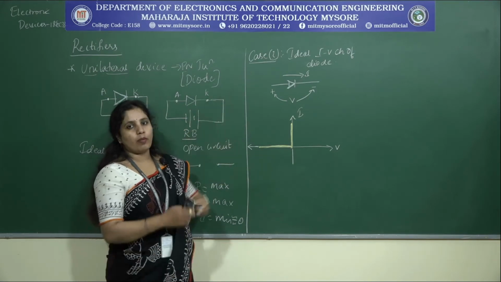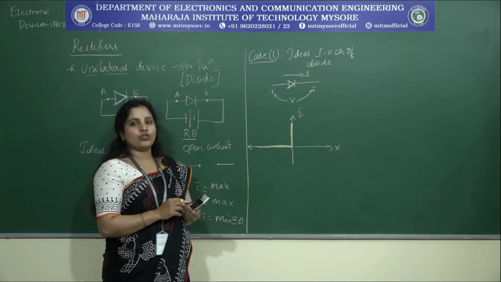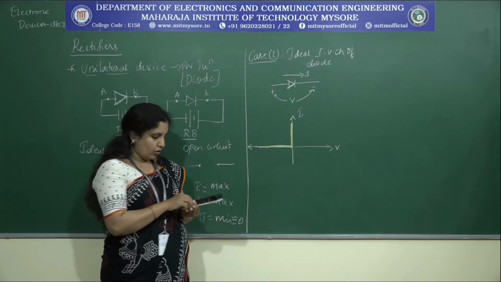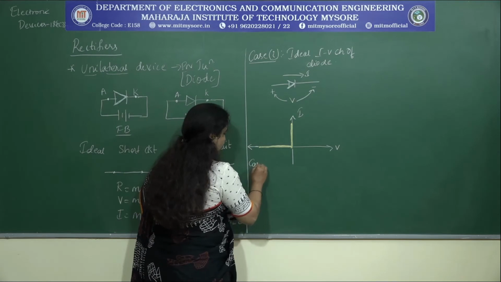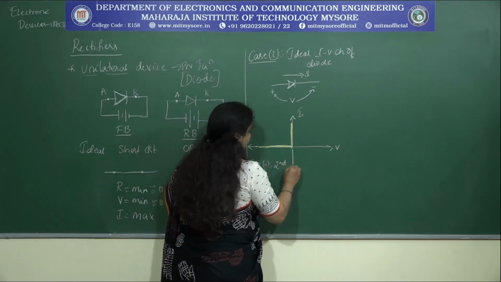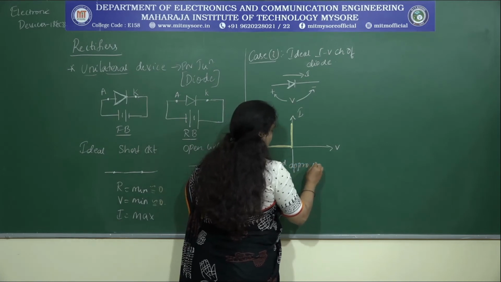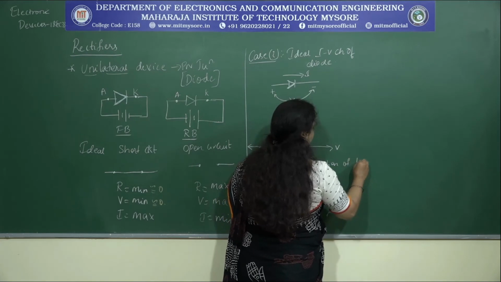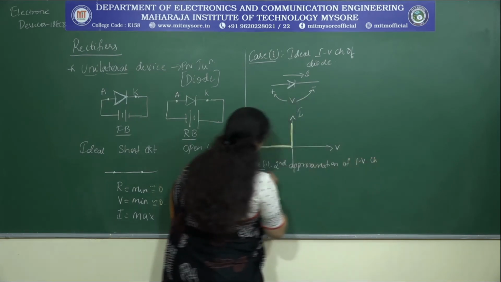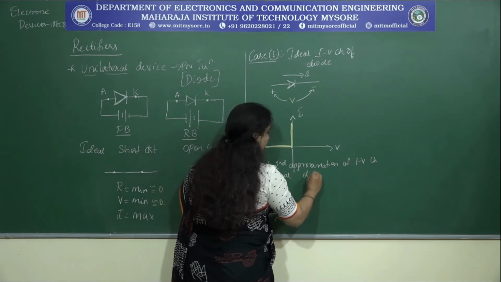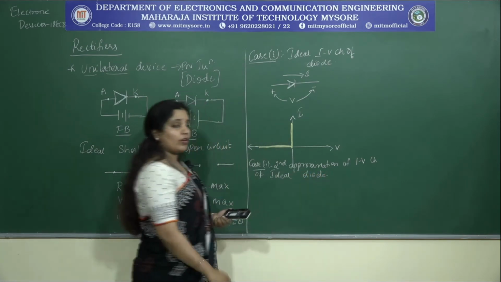So case 2 is about the second approximation of the ideal IV characteristics of the diode. So what is case 2? It is the second approximation of IV characteristics of the ideal diode.